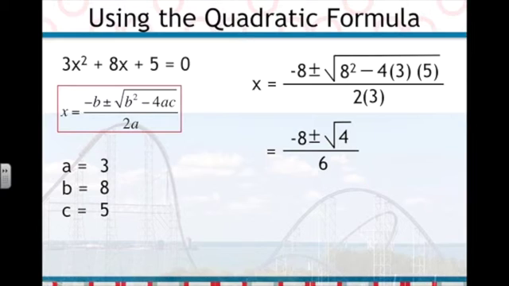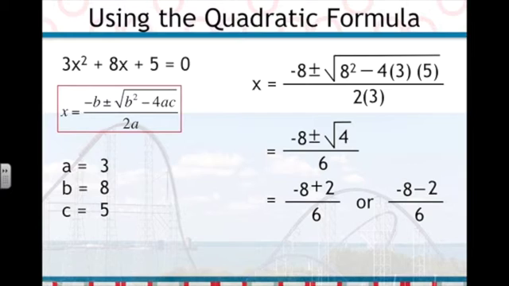Also, notice in the denominator that 2 times 3 equals 6. So now we have negative 8 plus or minus the square root of 4 all over 6. Now, the square root of 4 is 2, so we need to find negative 8 plus 2 over 6 and negative 8 minus 2 over 6.